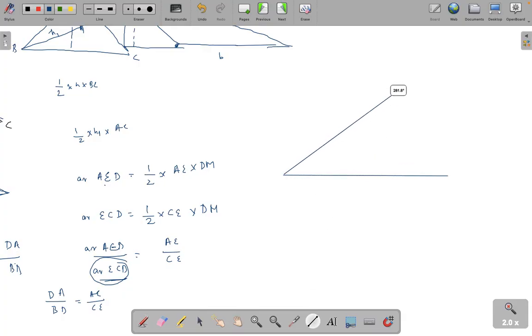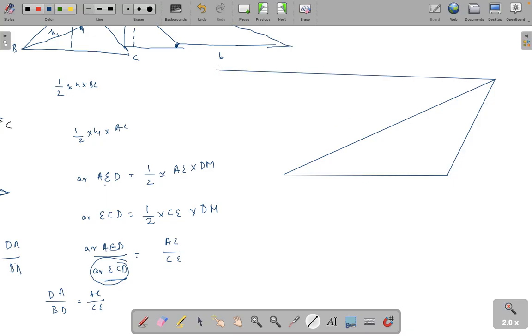Say you have one triangle like this, and let me draw one parallel line like this, and then you have another triangle like this. So these are two triangles A, B, C, D.